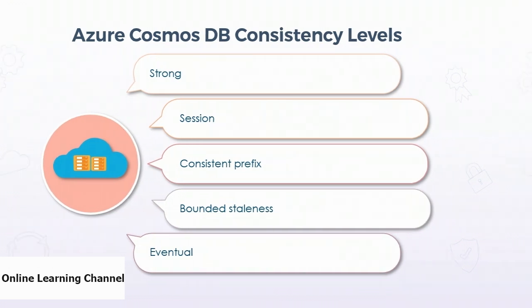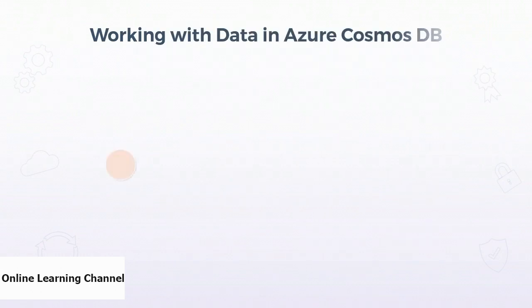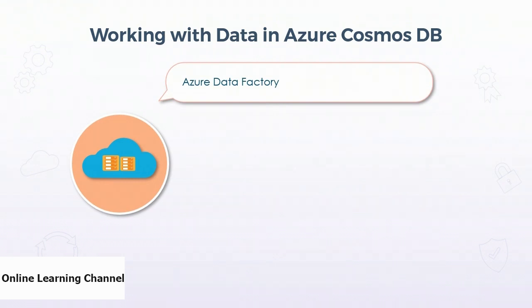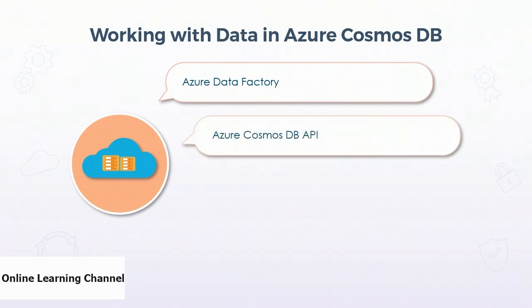But that's it. So what are some of the ways that you can interact with Azure Cosmos DB? Well, one way is to wire up Azure Data Factory. That'll let you flow and manipulate your data right into your database. And of course, there's the Azure Cosmos DB API itself, and that will let you use just about any programming language you want, so Python, .NET, or others.